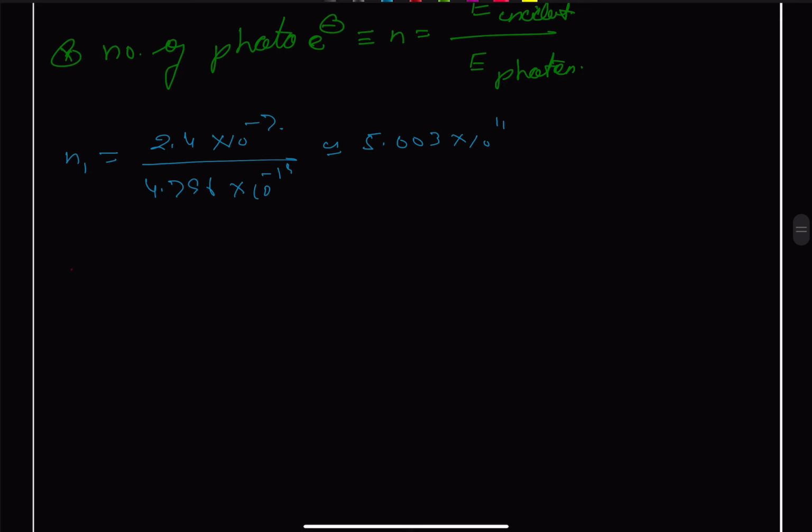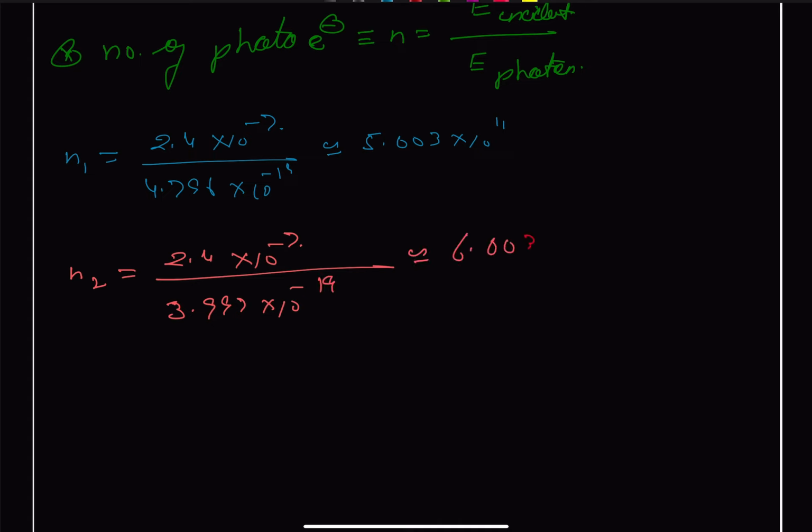Similarly, we can write our N2. Energy incident will be the same, and the photon energy is 3.997 into 10 to the power minus 19, approximately equal to 6.003 into 10 to the power 11.